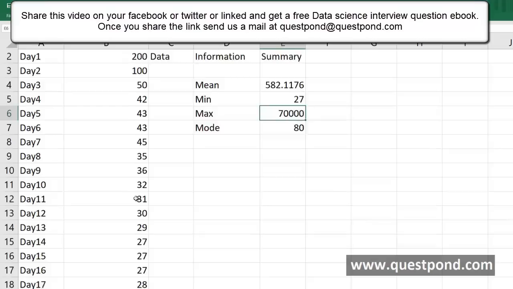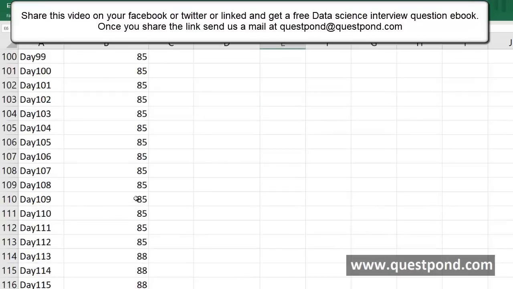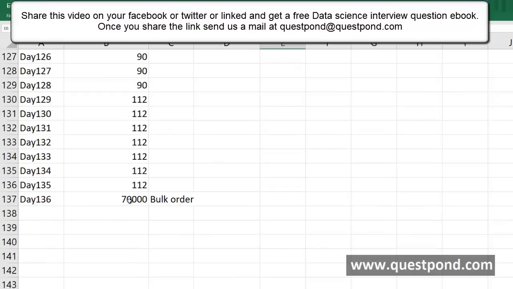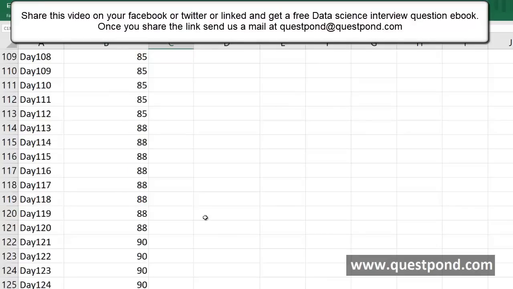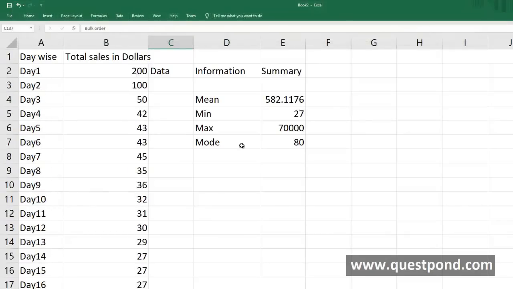If you scroll down below, on the last day I have made an entry of a bulk order. Because of this, the max sales look higher and the mean does not look proper. So now the decision maker can concentrate more on bulk orders so that his business can improve multifold.